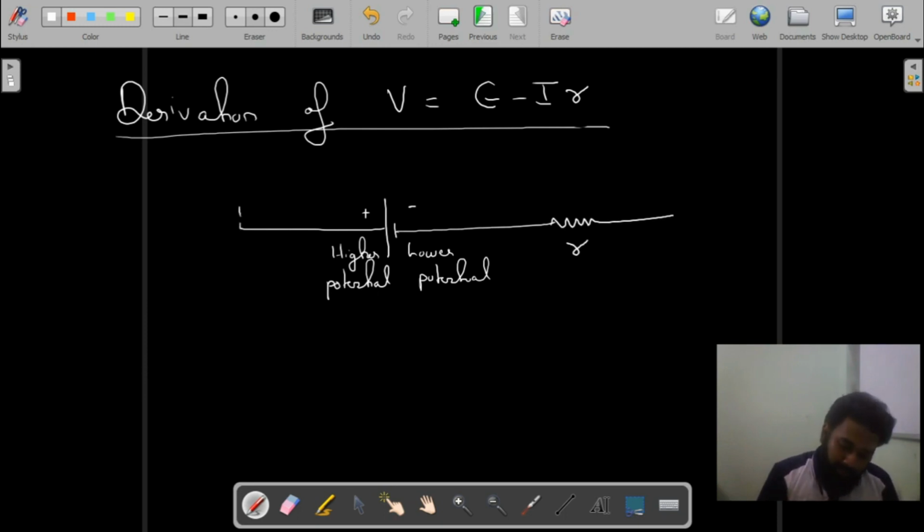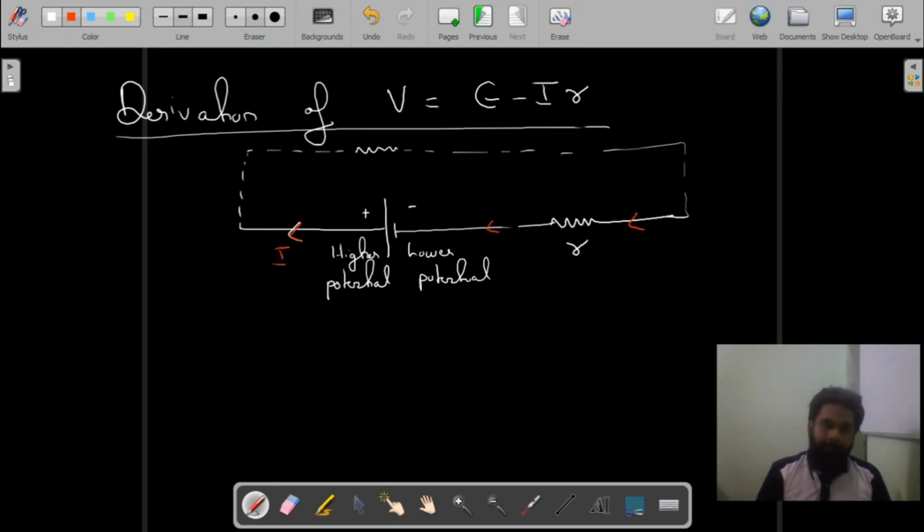Suppose we connect an external circuit like this, the current flows like this, from the positive terminal to the negative terminal. So this is how the current flows. Now we need to find the potential across the two terminals of a battery.